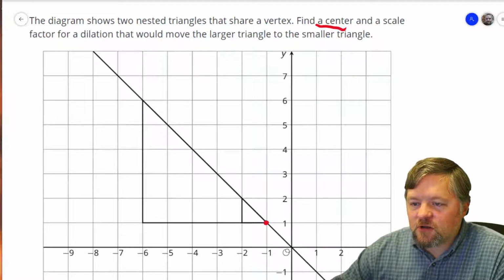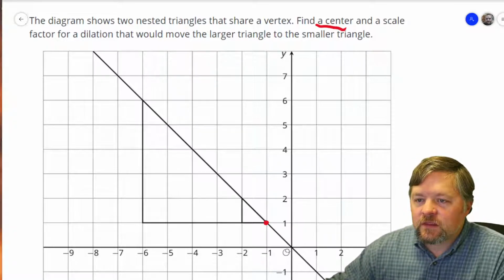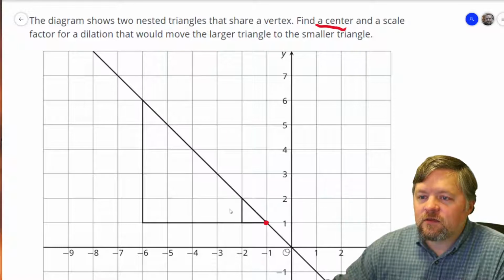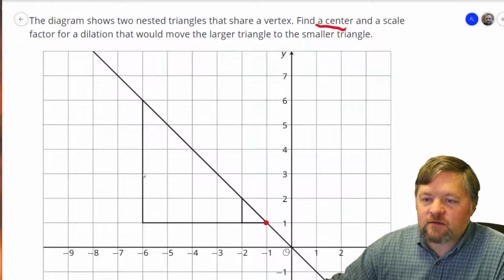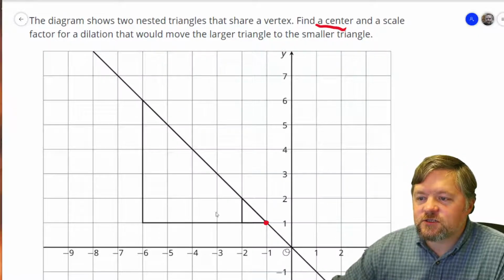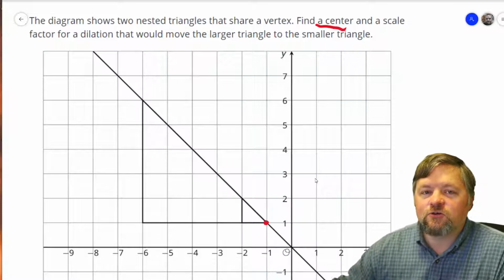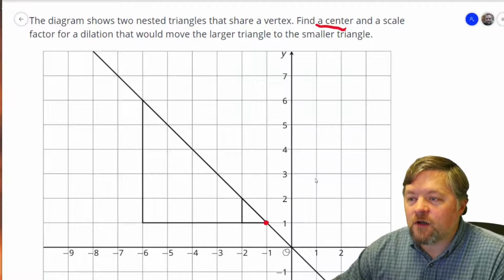How much smaller did we go? Well, 1, 2, 3, 4, 5. The big triangle is 5 units wide, 5 units tall. And the new one is 1 unit wide and 1 unit tall. So we turned 5 into 1.